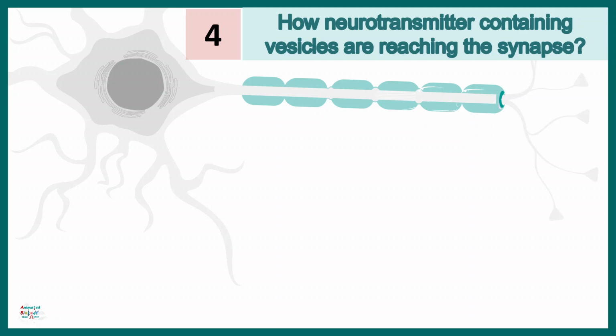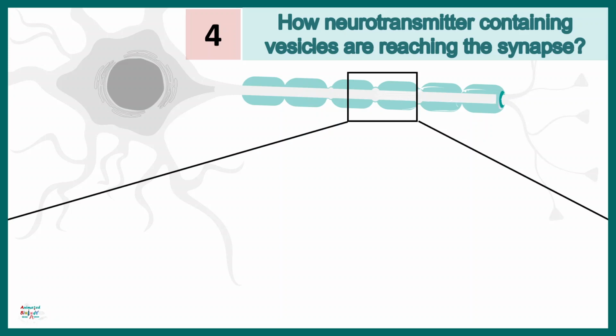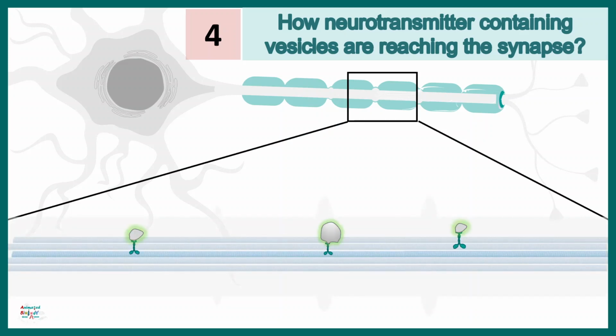In neurobiology, scientists use fluorescence microscopy to understand how neurotransmitter containing vesicles reach the synapse. It is produced in the cell body and now it has to reach the synapse, right? And on this road, they have to be passed from the cell body to the synapse using small molecular motors known as kinesins or dyneins.